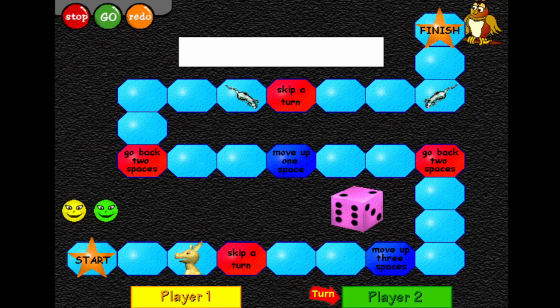Loaf. Lucky you! Click on the die. Mice. Click on the die. Dolphin.